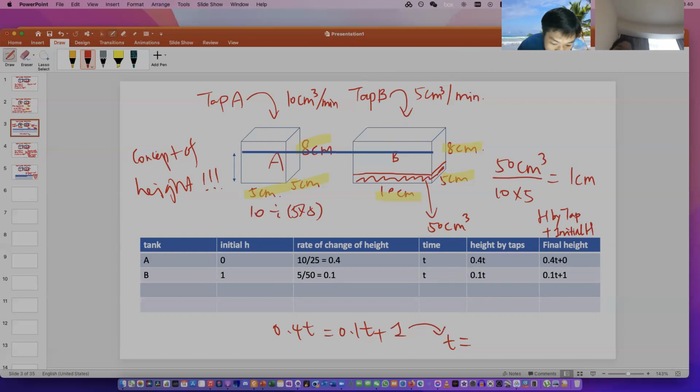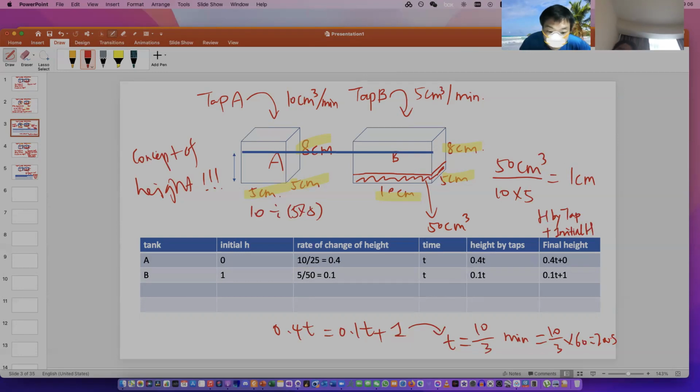So what's the answer? 3 and 1/3. So that means 10 over 3, right? This is in minutes, so you can express it in seconds. 10 over 3 times 60 is 200 seconds. That's how you can get the time.